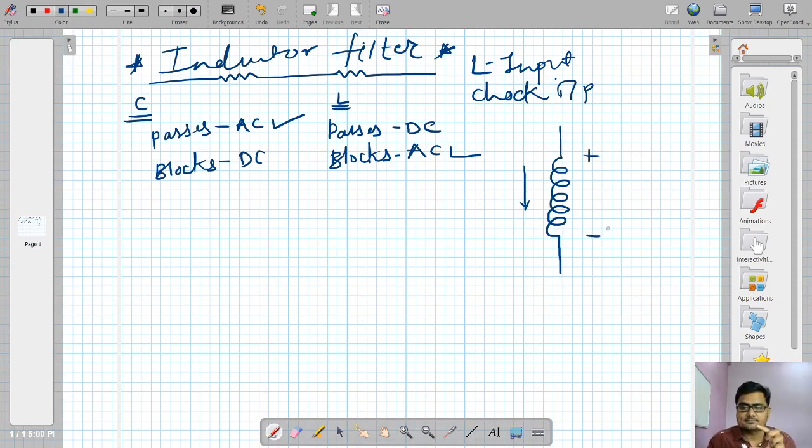It is the polarity of charge associated with the inductor when current is flowing in downward direction. So as soon as you break the current, because of any reason, if current gets stopped flowing through the inductor, then the charge suddenly gets reversed. It changes the polarity, and this positive terminal becomes negative, and this negative terminal becomes positive. This is how inductor reacts.